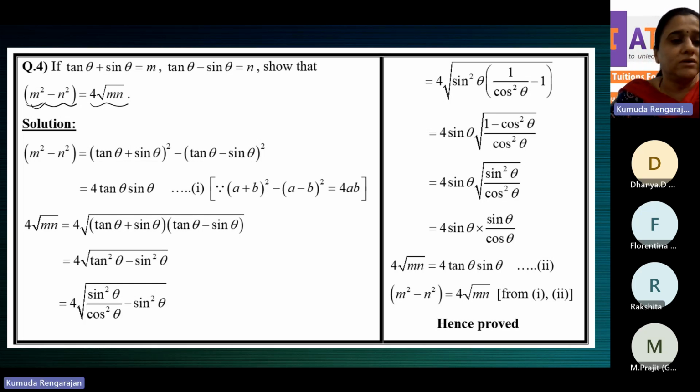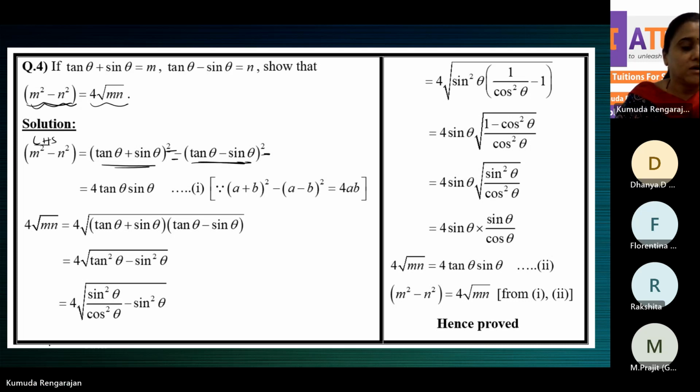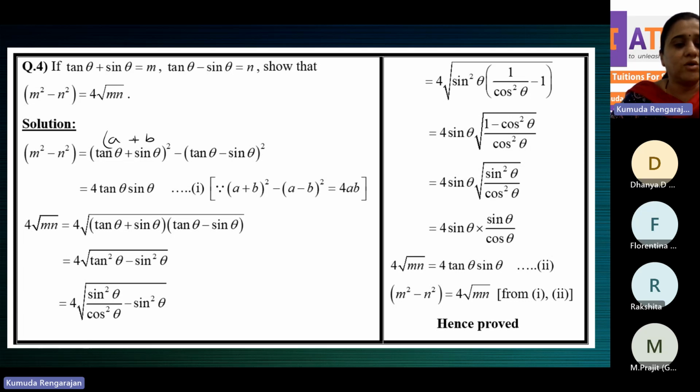So we take up the LHS, m square minus n square. We substitute m square minus n square. Clearly it's of the form a plus b the whole square minus a minus b the whole square.